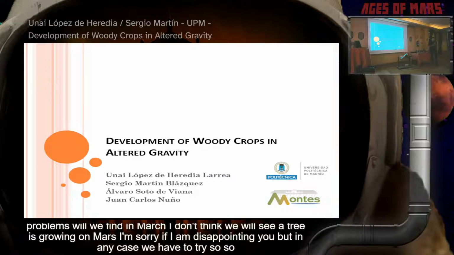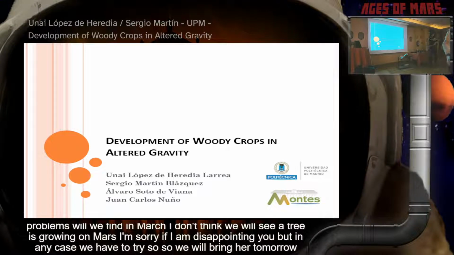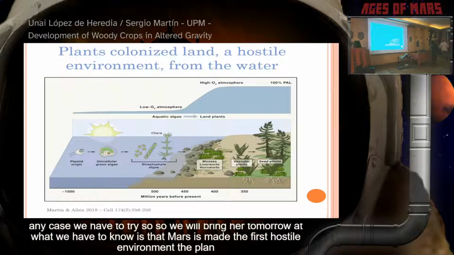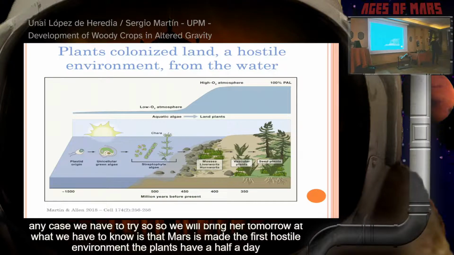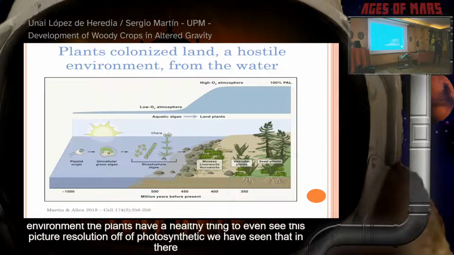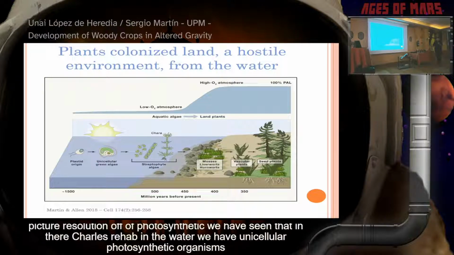So we will put ourselves in a scenario of a greenhouse in Mars, and what we have to know is that Mars is not the first hostile environment the plants have been into. If we see this picture of the evolution of photosynthetic organisms, in the evolutionary history of Earth, first we have in the water unicellular photosynthetic organisms that evolved to produce unicellular green algae.